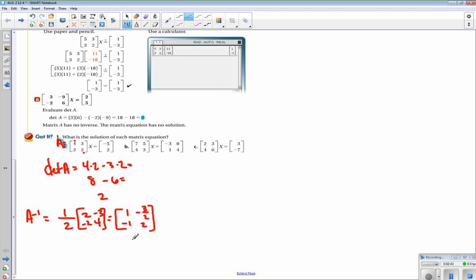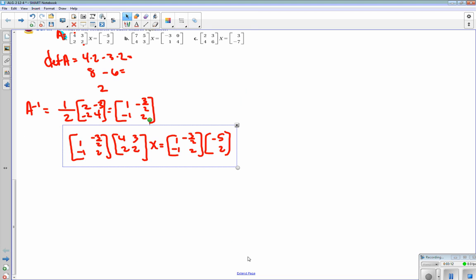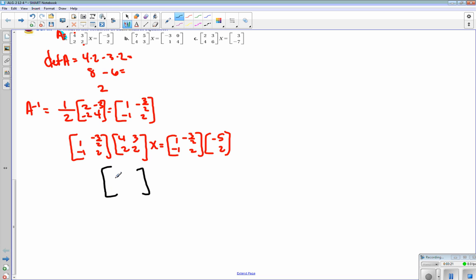So what we're going to do is multiply each item by our inverse of A. When we do that, we should get the identity.